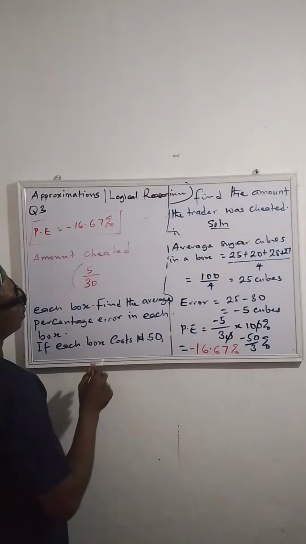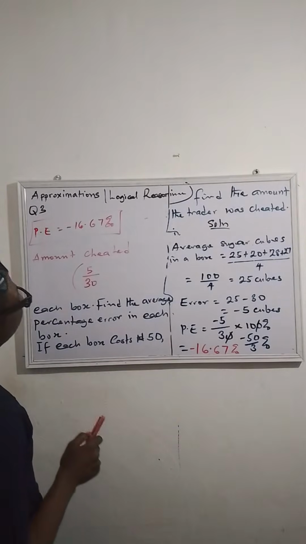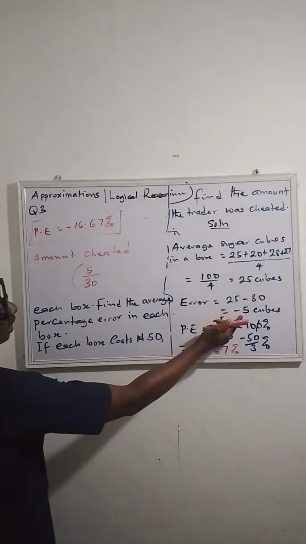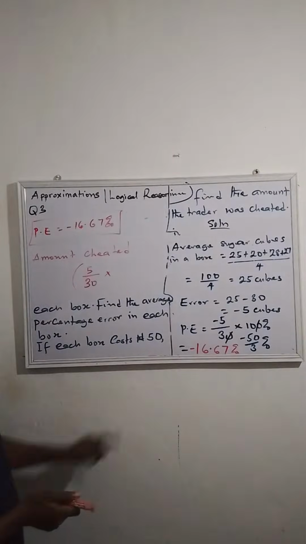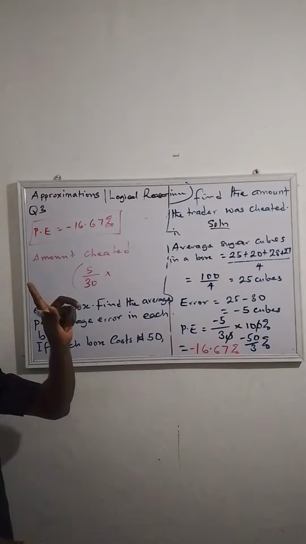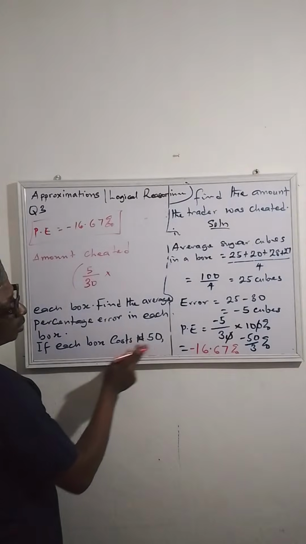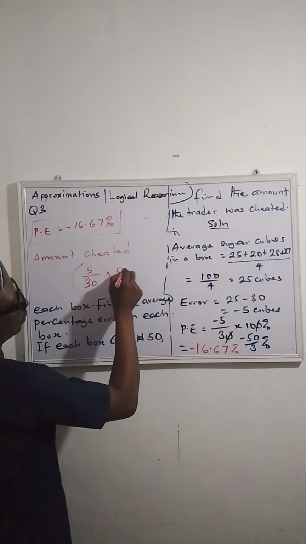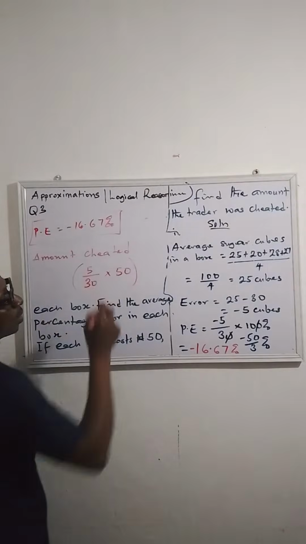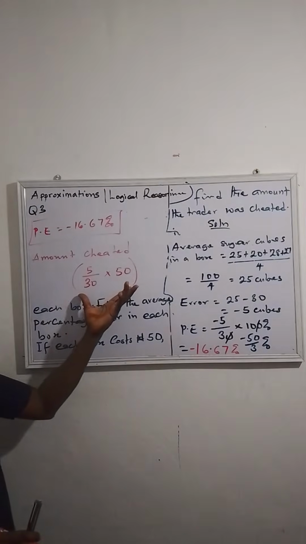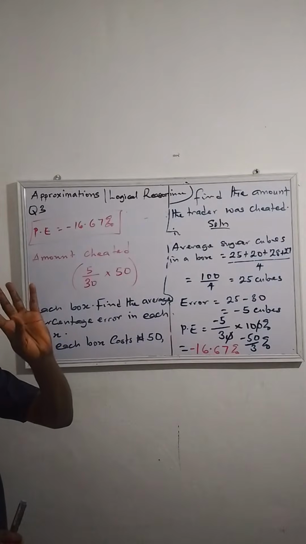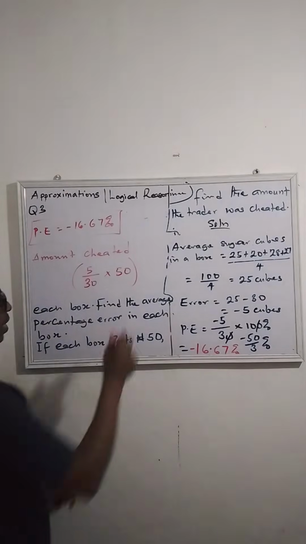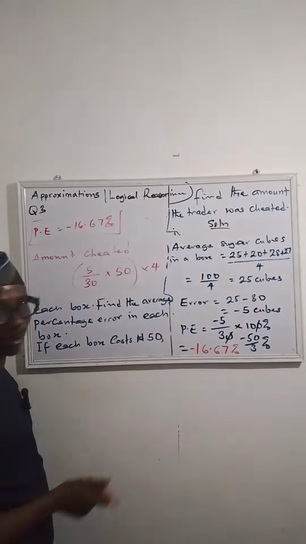So it was cheated by this, so this is the fraction. So times the amount. What is the amount for each of the box? So we have 50 naira. And then don't forget, this one is just the amount cheated for only one box. But we have 4 boxes there. So that means we multiply this by 4. I hope you understand that.